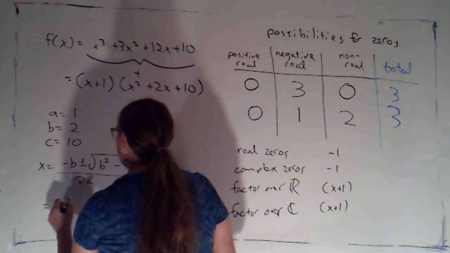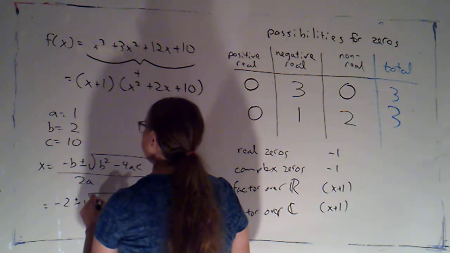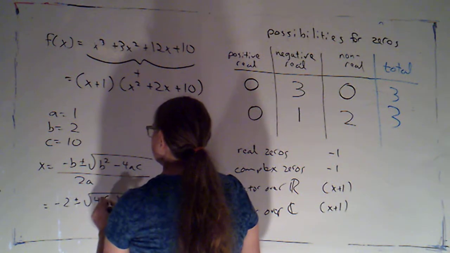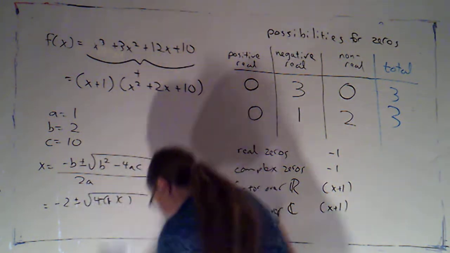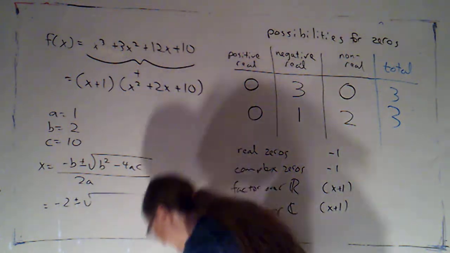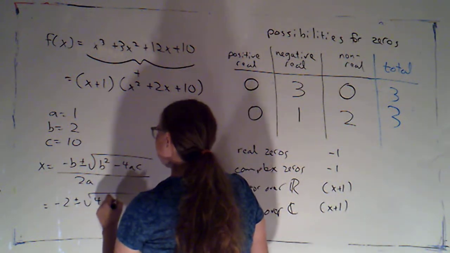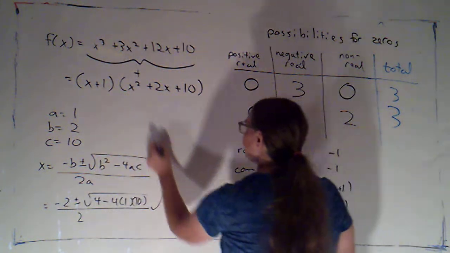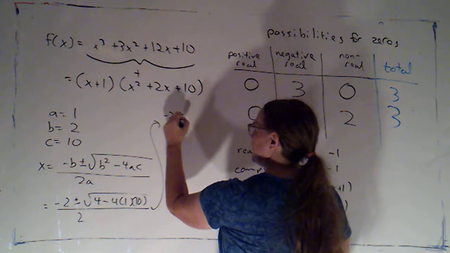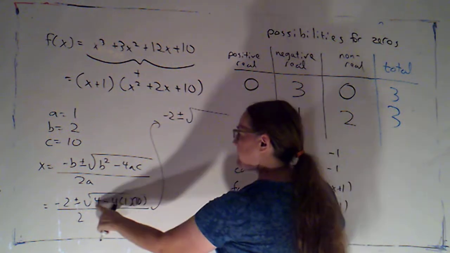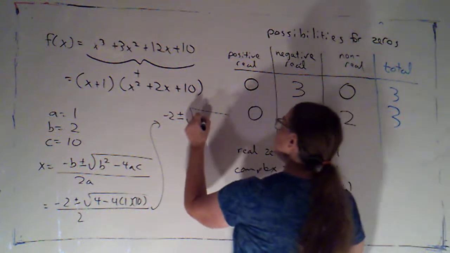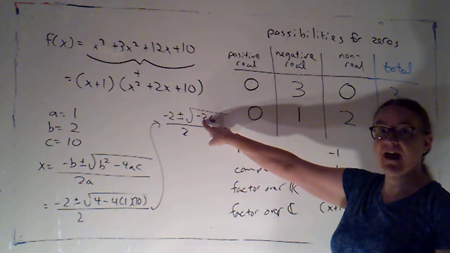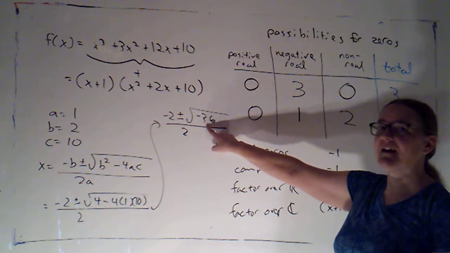That's going to give me the opposite of 2, plus or minus the square root of 4 minus 4 times 1 times 10, all over 2. Let's see, that's going to be negative 2 plus or minus the square root of, that's 4 minus 40, that's negative 36, all over 2. Since there's a negative under the radical, this is going to be complex and not real.